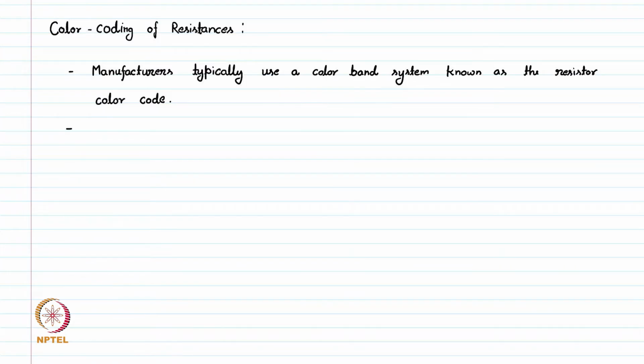All the manufacturers who make these resistors use a particular code to signify the resistance value of that component. This is known as the resistor color codes.